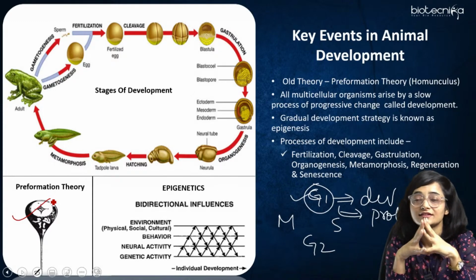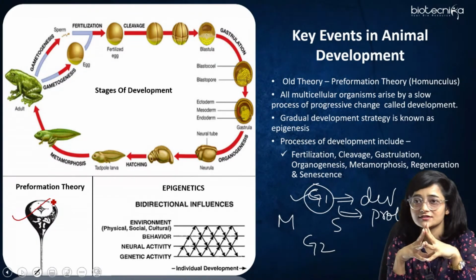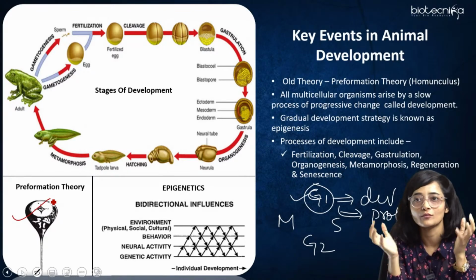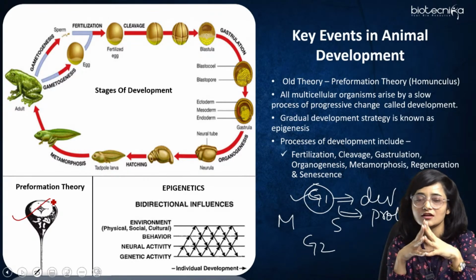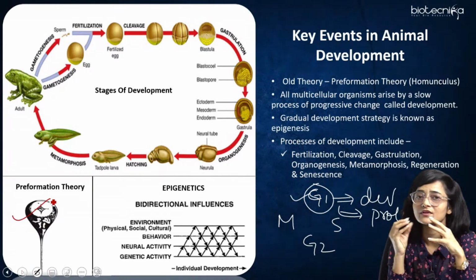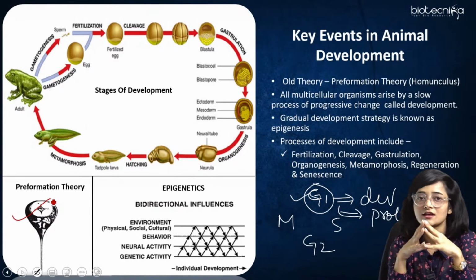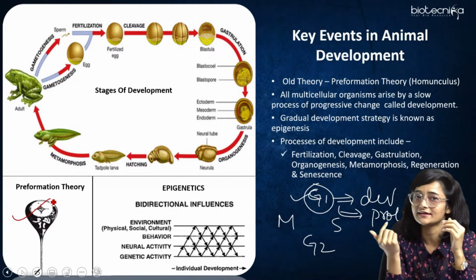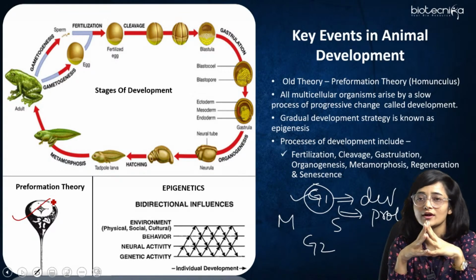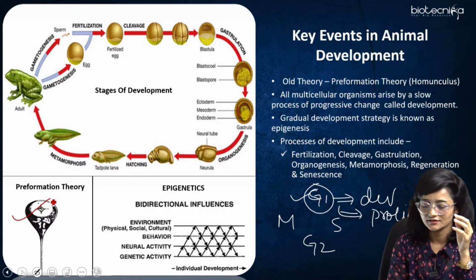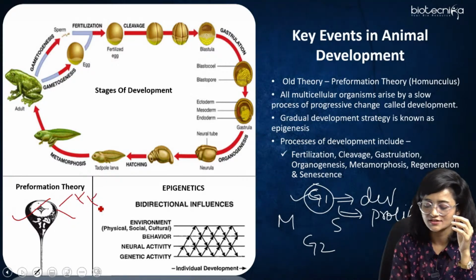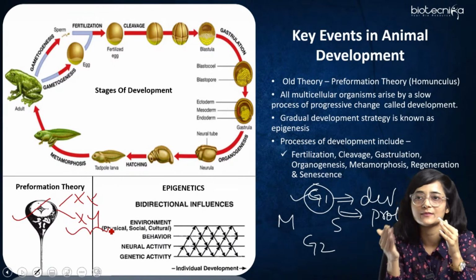But there was a major drawback regarding the pre-formation theory, that everything is already formed inside the sperm. If everything is already formed inside the sperm, then everyone should look identical to each other, right? But there are two types, XX and XY, right? We develop into females and males.